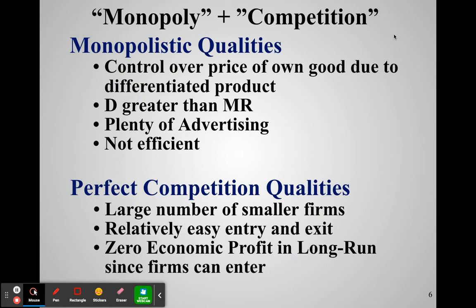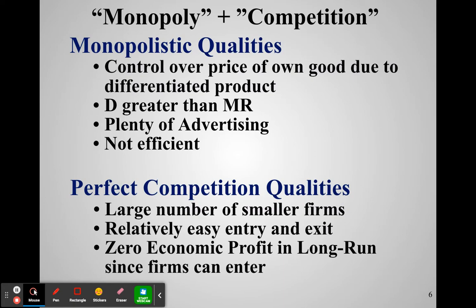Looking at where monopolistic competition comes from, you look at a monopoly and you add in that there is some competition. Let's say perhaps you are the only game in town. You're the only place that you could have a car wash, or the only place that sells shoes or something like that.